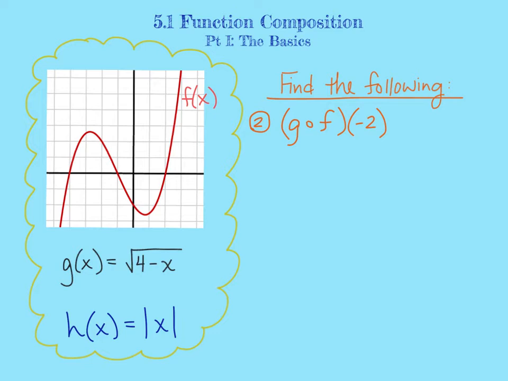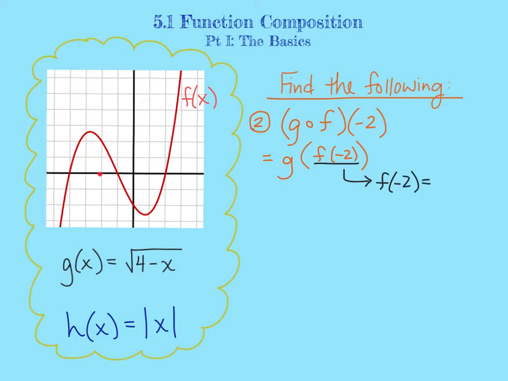In number 2, we'll find g of f of -2, and again, we can rewrite it so it's a little bit more visually appealing and easier to understand. We want to work our way from the inside out, so the first thing we're going to find is f of -2. This is on our function, so f of -2 is the output or the y value when x is -2.